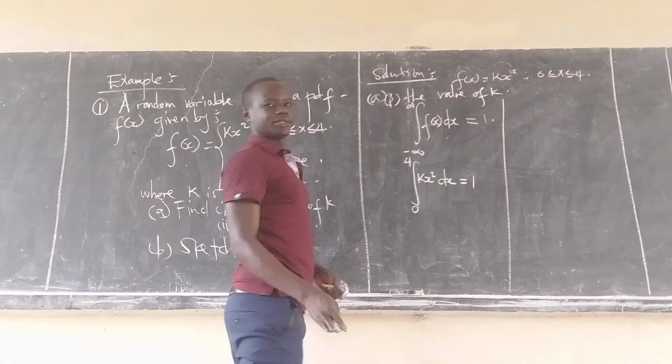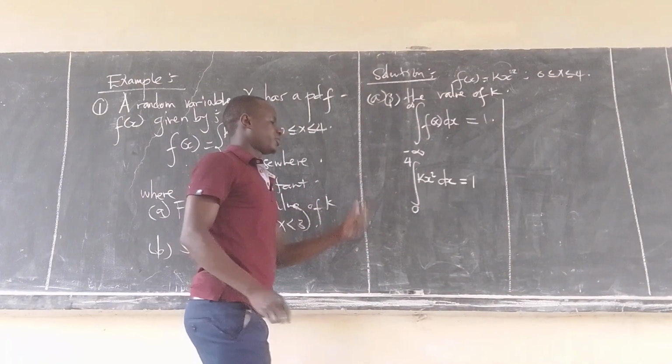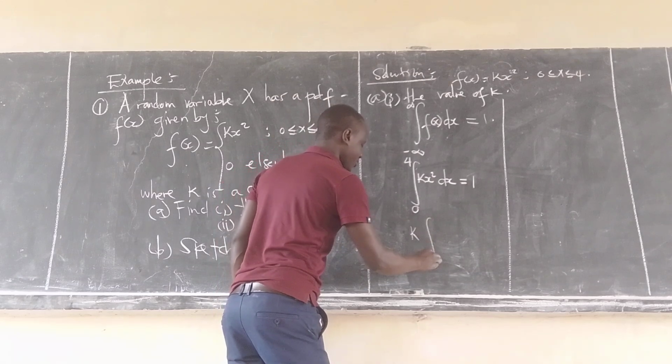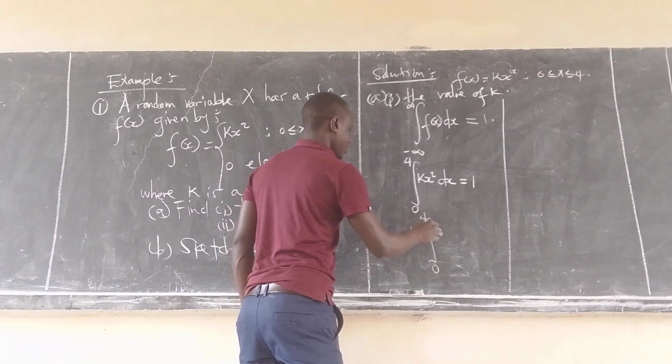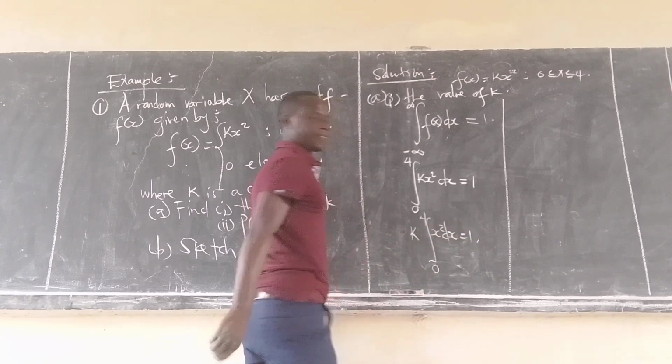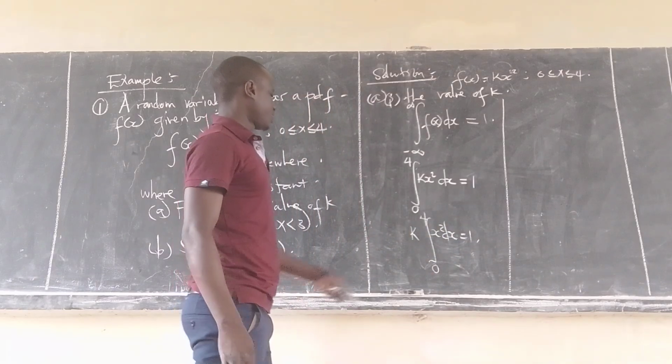So k is a constant, and therefore we pull it outside the integral. So we shall have k times the integral from 0 to 4 of x squared dx. The answer should be 1.